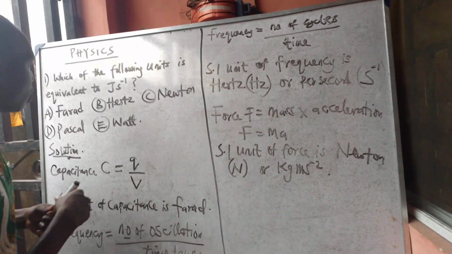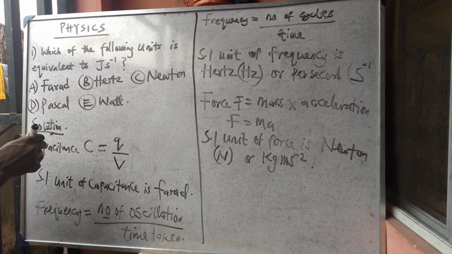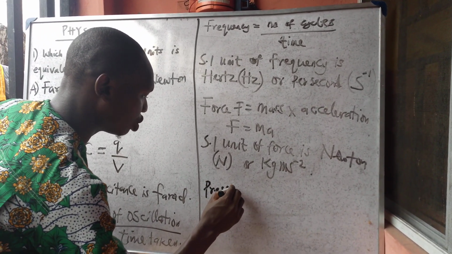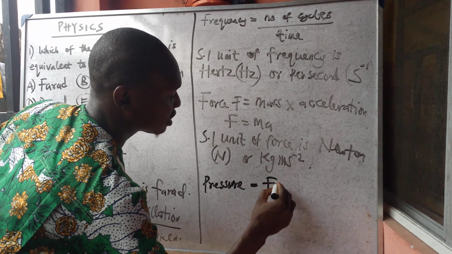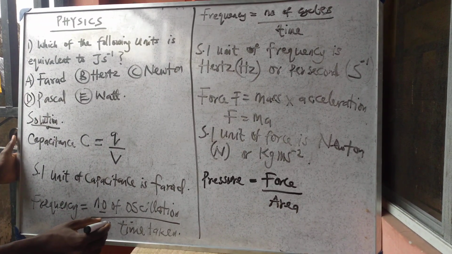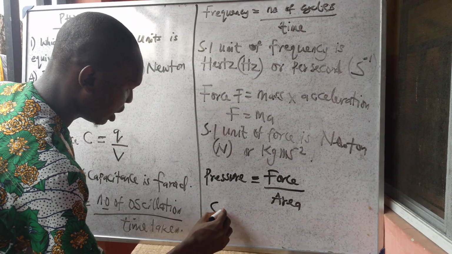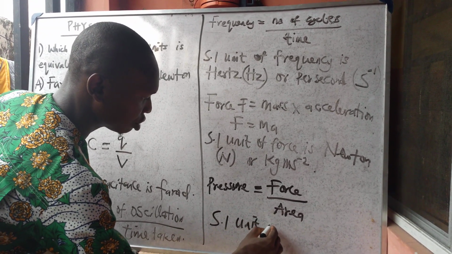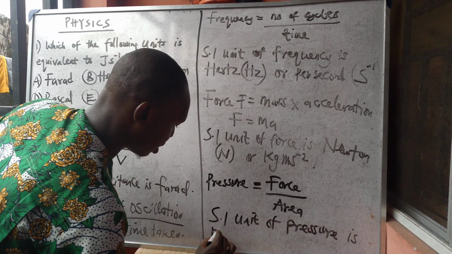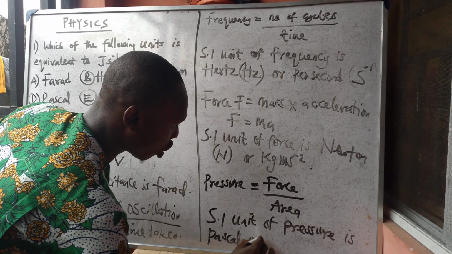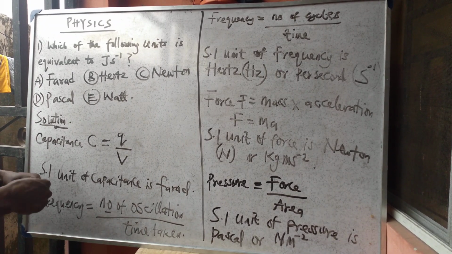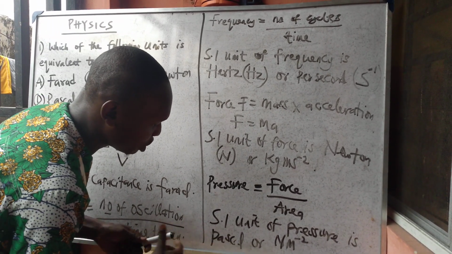Alright, now the next one we will look at is Pascal. Now pressure is defined as force per unit area, and the SI unit of pressure is Pascal, or Newton per meter square.